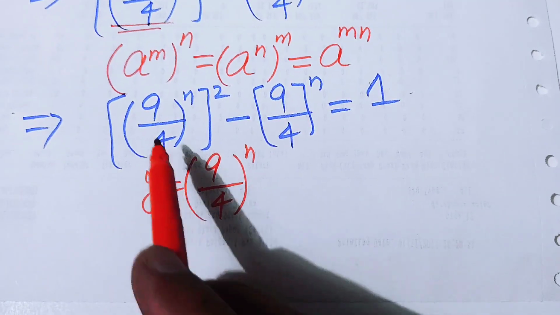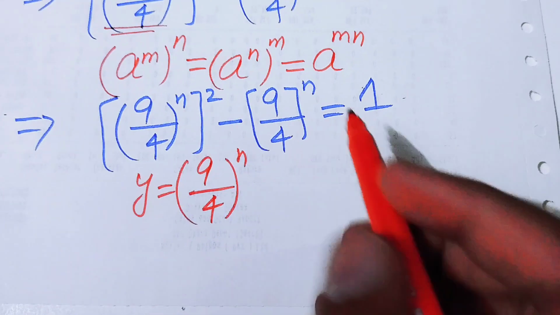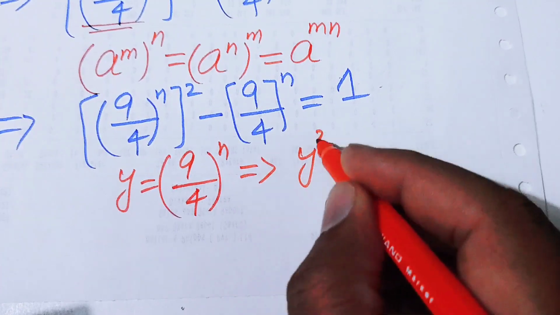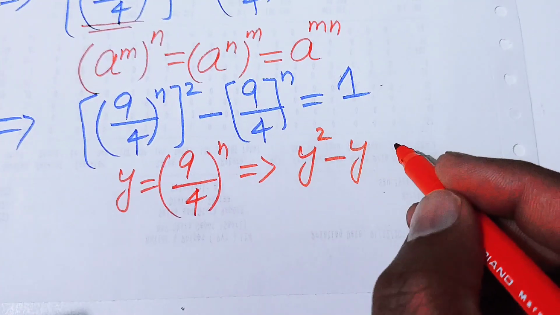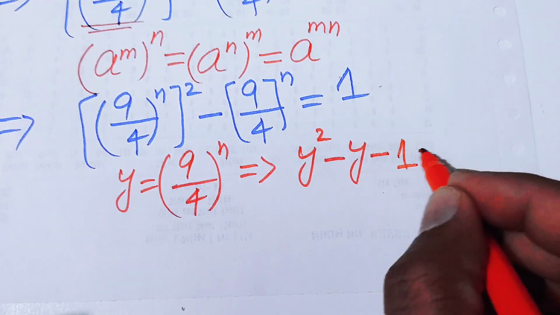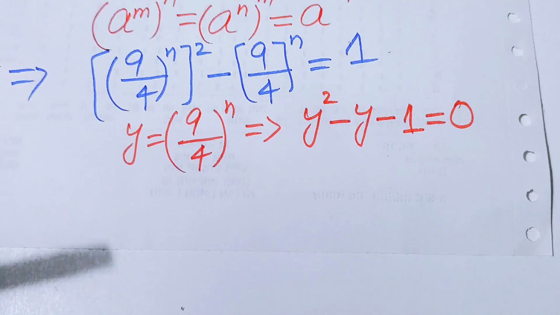When you put 9 over 4 to the power of n is equal to y, this whole equation becomes y square minus y, and we move this 1 to the left hand side, and you get minus 1, and this whole equation is equal to 0. So now you have the exponential equation converted into the nice quadratic form.